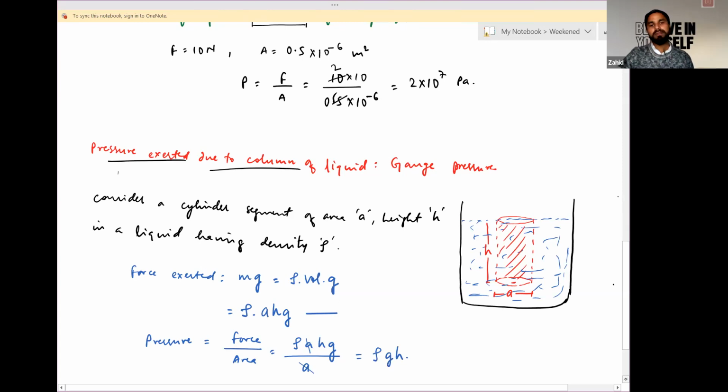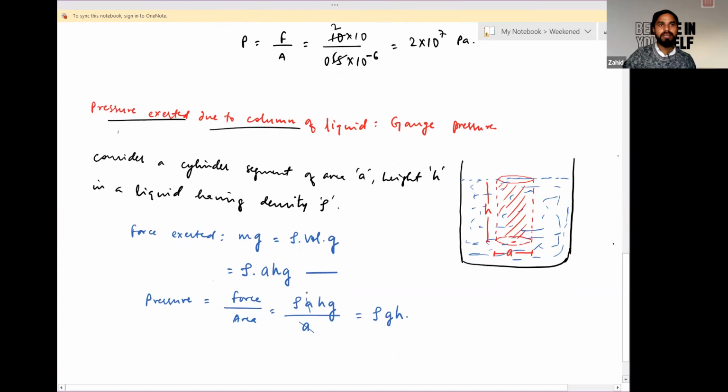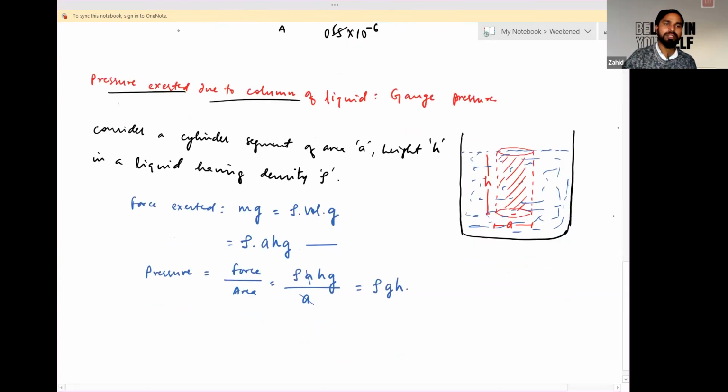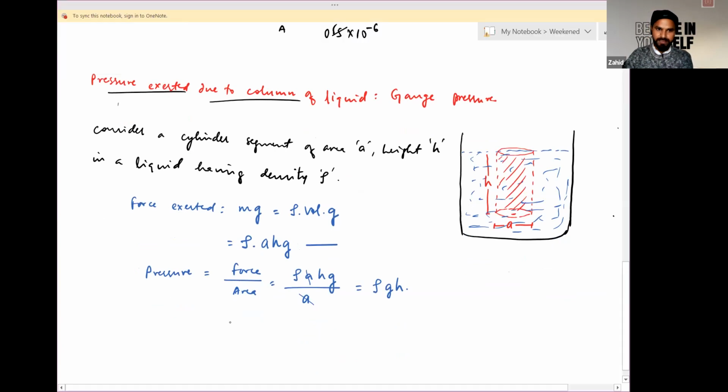Now this pressure is due to column of liquid, so it is termed as gauge pressure. We may write pressure gauge equals rho g h.